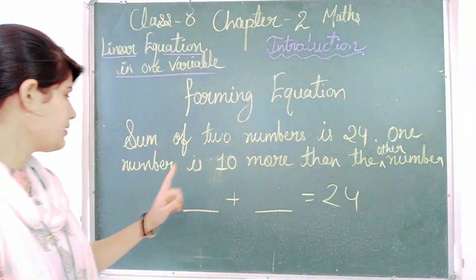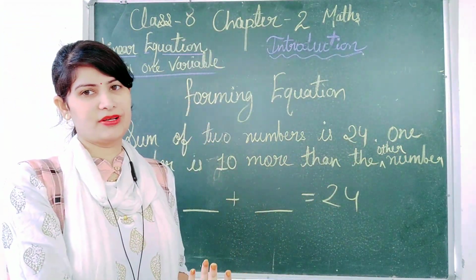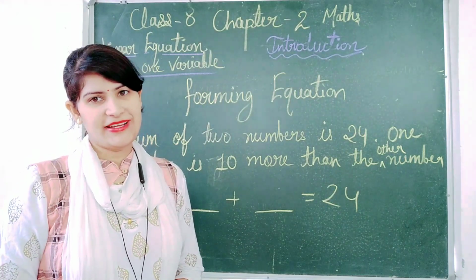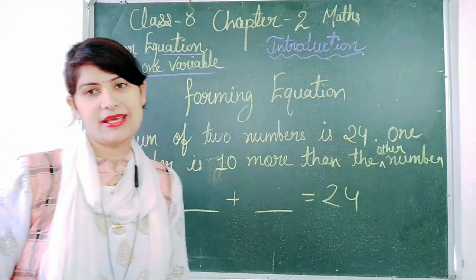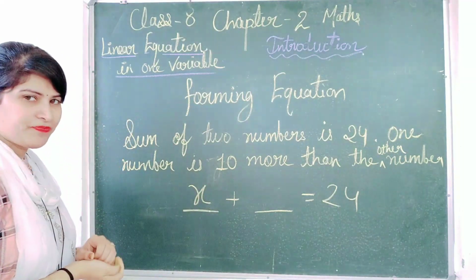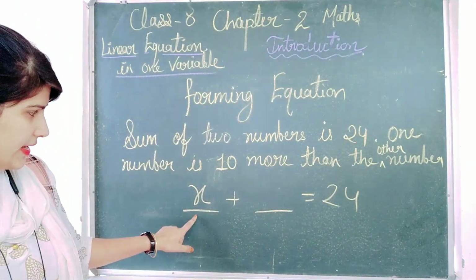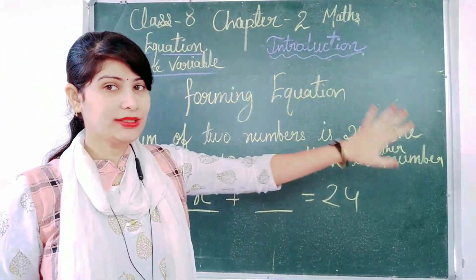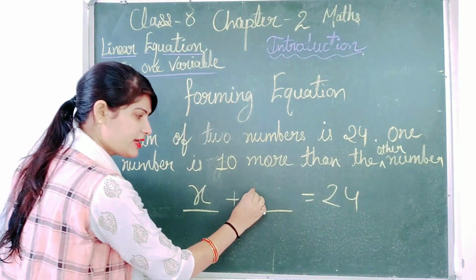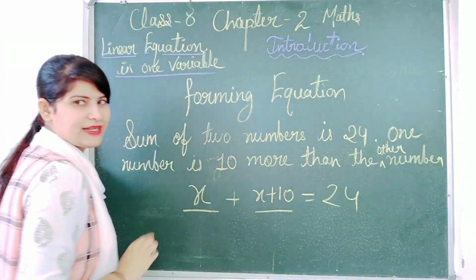One number is 10 more than the other number. What is one number? Let us take one number as x. And what did the statement say? One number is 10 more than the other. That means the other is x plus 10.